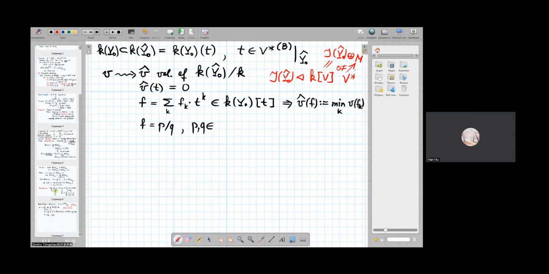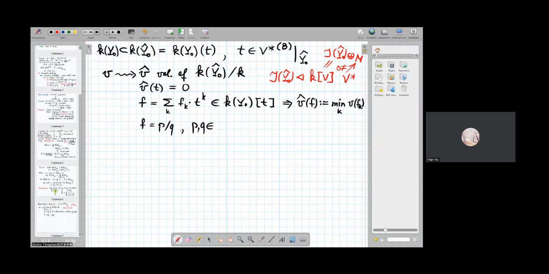So you can choose a highest weight vector in the image of V star projected onto here, and then lifted to V star by complete reducibility. But well, I'm still not able to finish this construction.